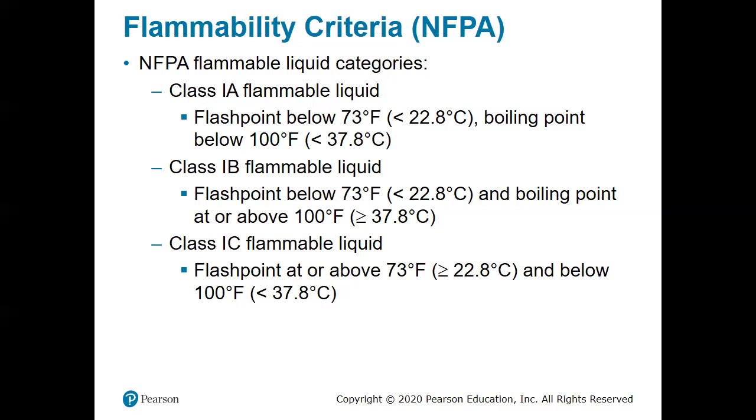Class 1B: flash point below 73, boiling point above 100. Again, this should sound familiar. This is basically the same definition as category 2 in OSHA. Class 1C for NFPA, we have a flash point at or above 73, but below 100.